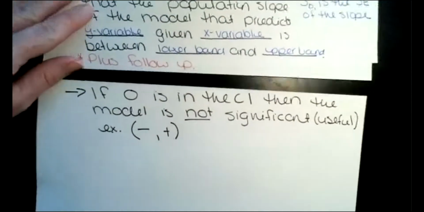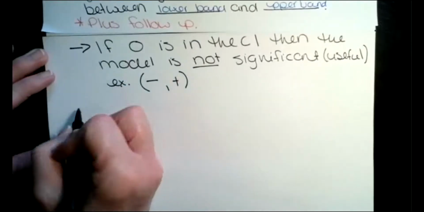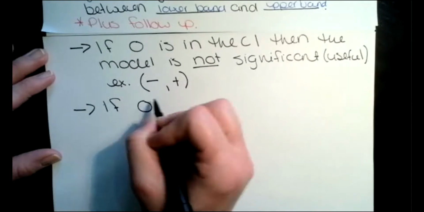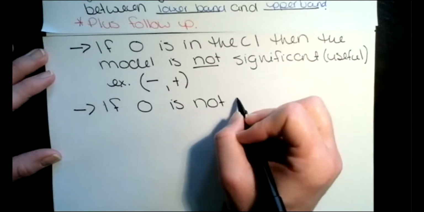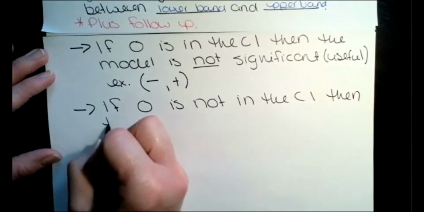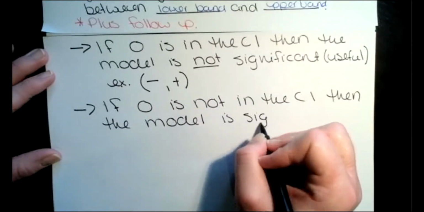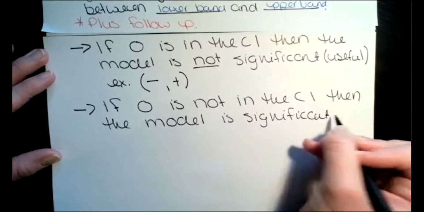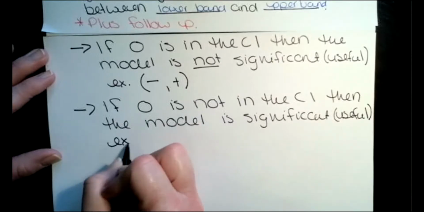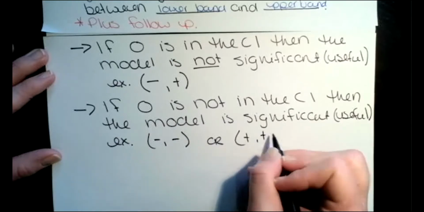So that's the one scenario where it's not significant. Then the other scenario: if 0 is not in the CI, then the model is significant or useful. Okay, so examples here, all negative or all positive.